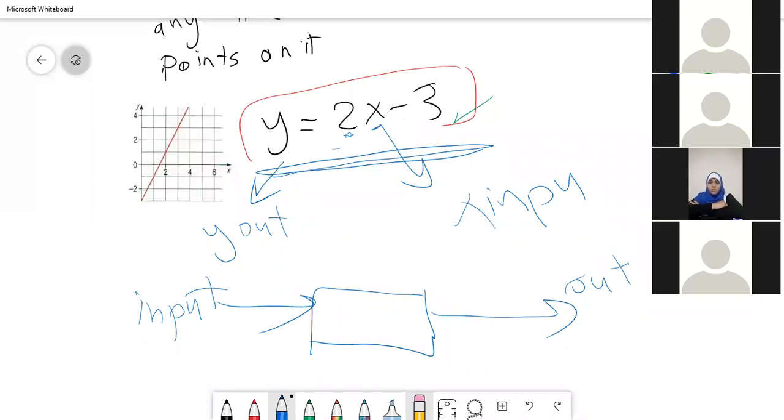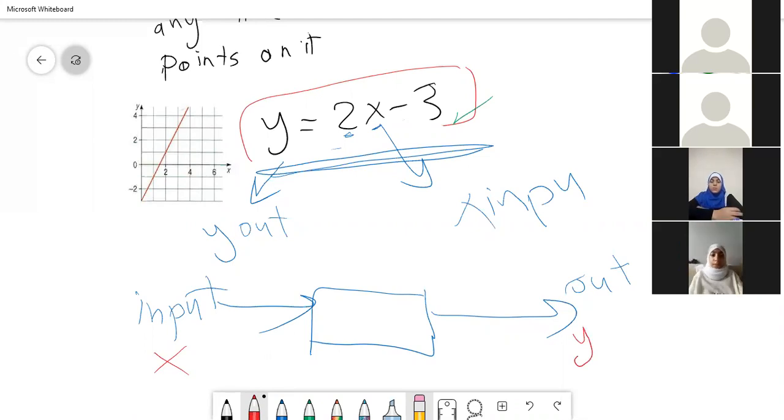So for example, what is the input? As we said, the input is x. What is the output? y. Input is x, output is y. Imagine that. It could be any number. x could be any number.